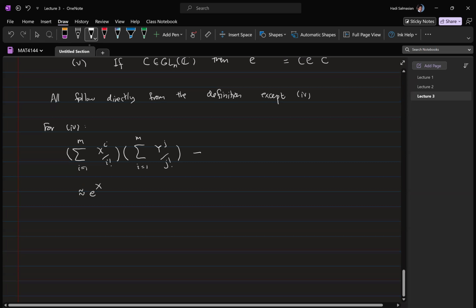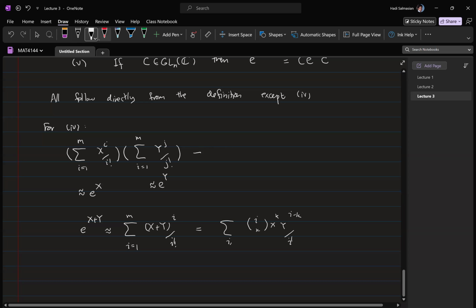And now, what about the sum of the first m terms here? This is approximately the sum of (x plus y) to the i over i factorial for i from 1 to m. But now you can expand, and you get this binomial coefficient, i choose k, x to the k, y to the i minus k, over i factorial. But then the i factorials cancel.